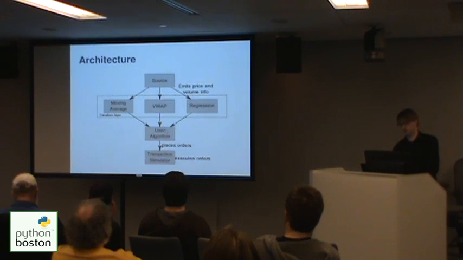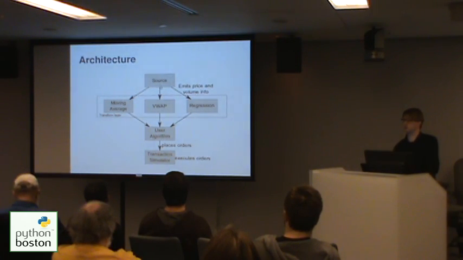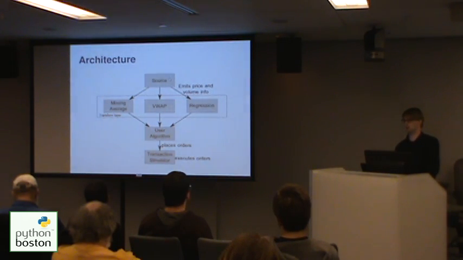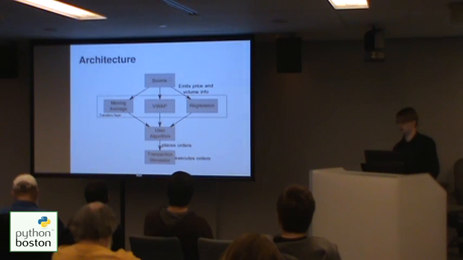So before looking at it in more detail, I wanted to give you a high-level overview of the architecture of the system. The trade source is basically the database or the CSV file, whatever, that is emitting the information of price and volume and all the information that you have.